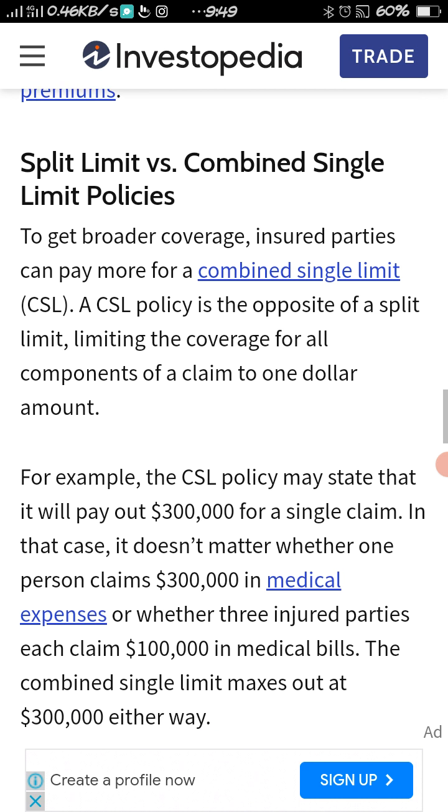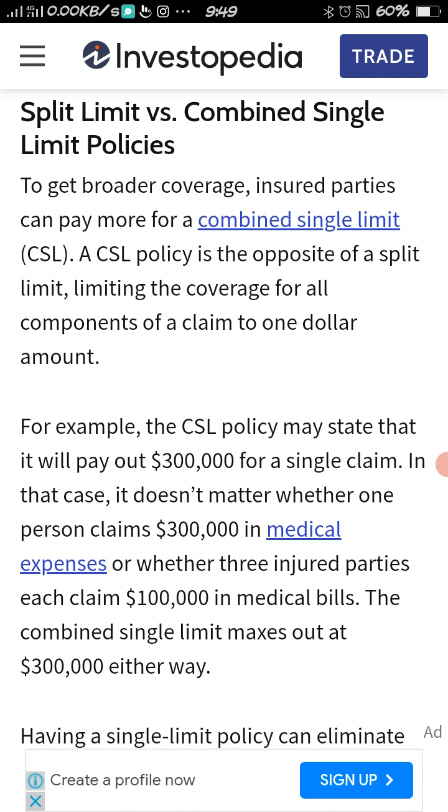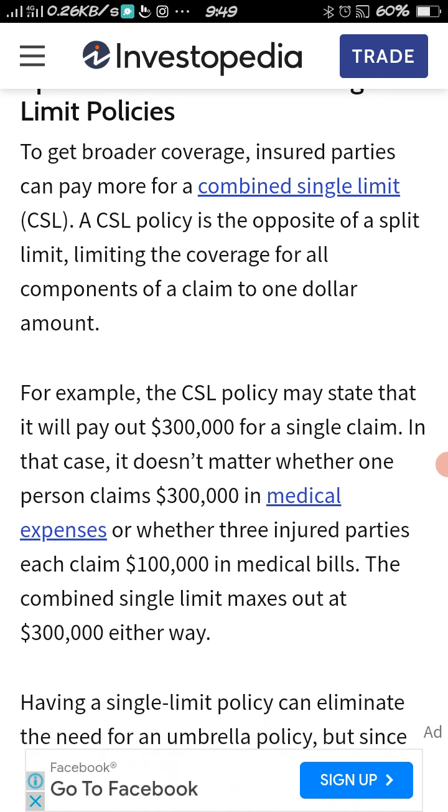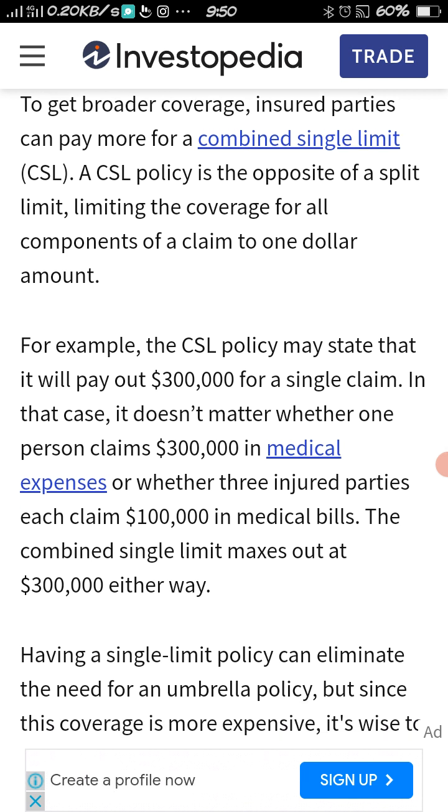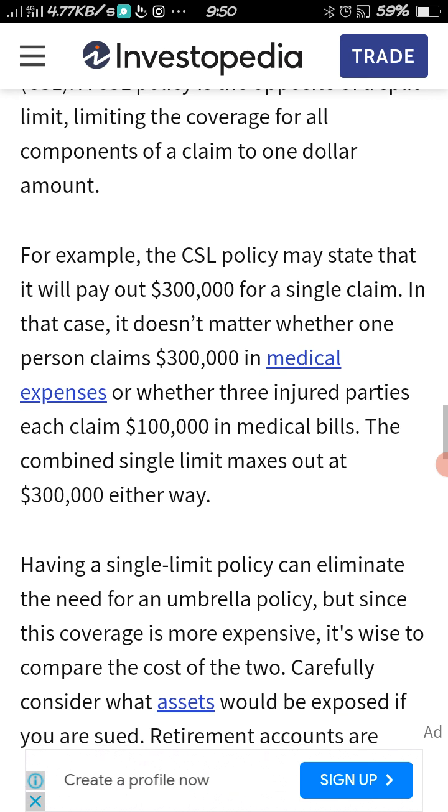For example, a combined single limit policy may state that it will pay out $300,000 for a single claim. In that case, it doesn't matter whether one person claims $300,000 in medical expenses or whether three injured parties each claim $100,000 in medical bills. The combined single limit maxes out at $300,000 either way.